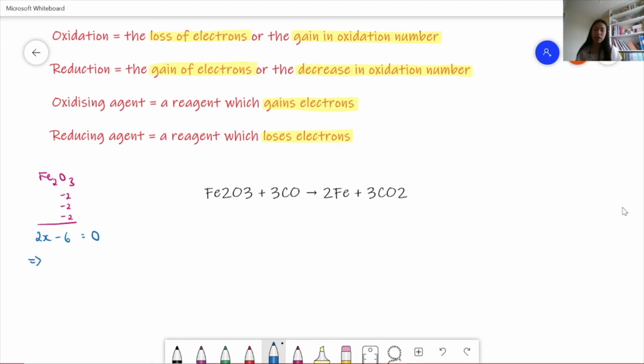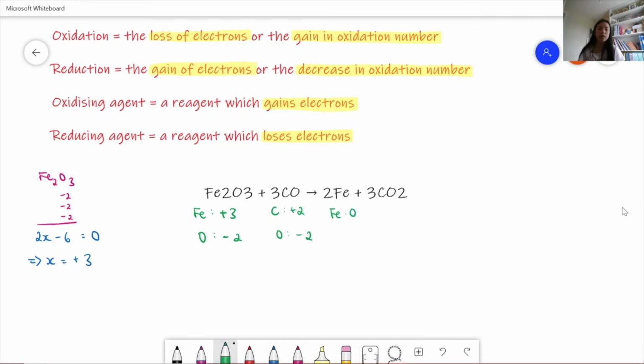And so we have that x is equal to +3. So here for the iron, we have +3, and for the oxygen, we have -2. And then here for the carbon, we will have +2 because the oxygen gets -2. And then here, because iron's an element, we have 0.